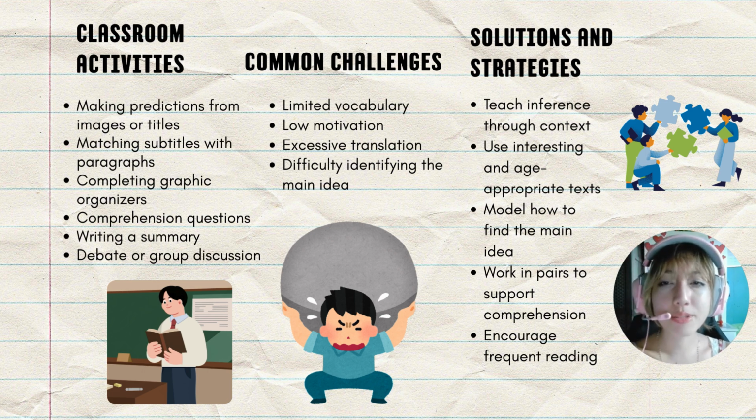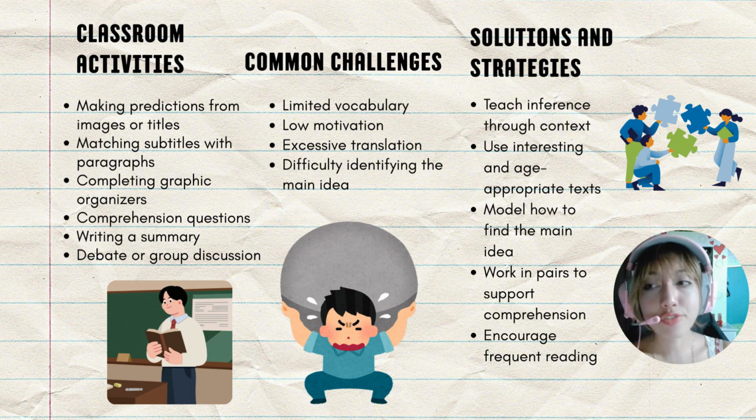Another strategy is modeling how to identify the main idea of a text. Teachers can also encourage pair work where students support each other during reading activities. And finally, promoting frequent reading practice helps students improve their comprehension skills.